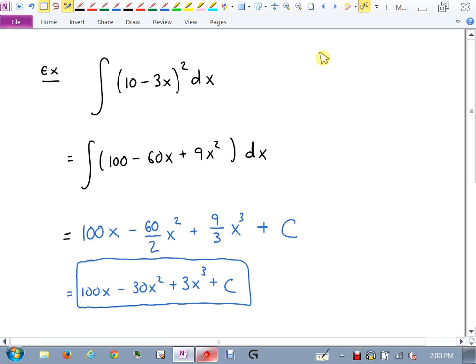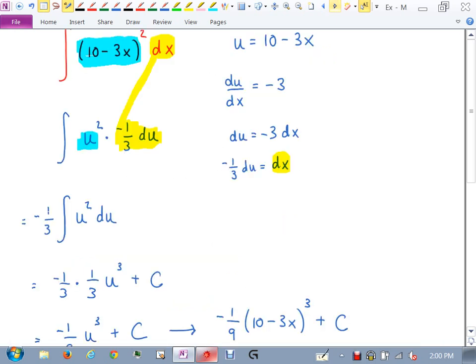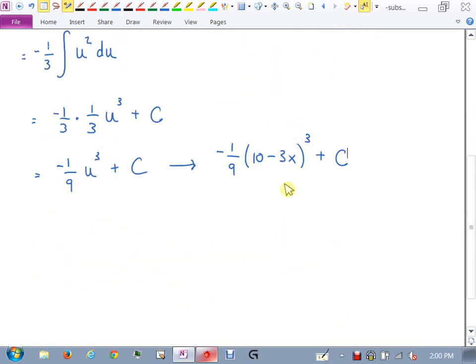Because all we did was just spell it out and then just did it and it was done, right? How in the hell is that the same answer as what we just got, right? Well, is it? Yes. I'm not going to do it, but if we actually multiply this out, so cube it, and then distribute a negative 1/9 through it, you would get the same exact answer, right?